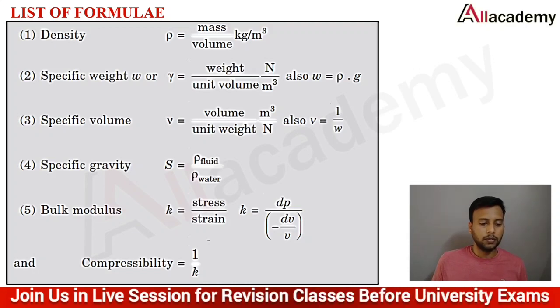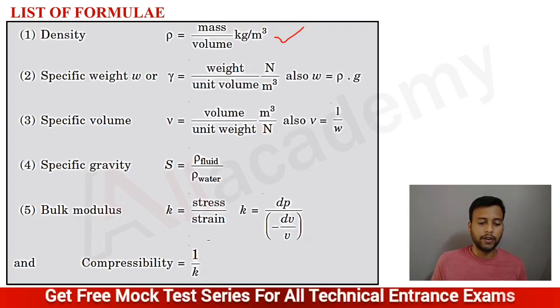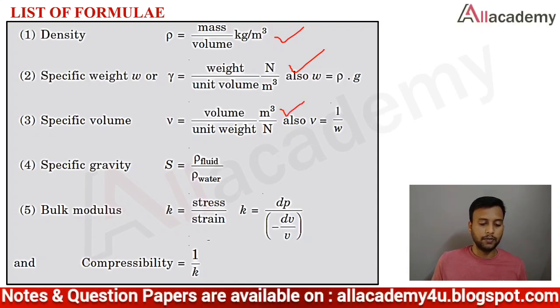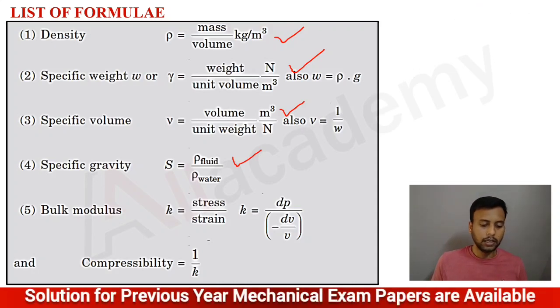So here I have given a list of formulas. Density is given by mass by volume, specific weight is given by weight by unit volume, specific volume is volume by unit weight, then specific gravity is the density of a fluid to the density of a standard liquid, water. Bulk modulus K is stress by strain.